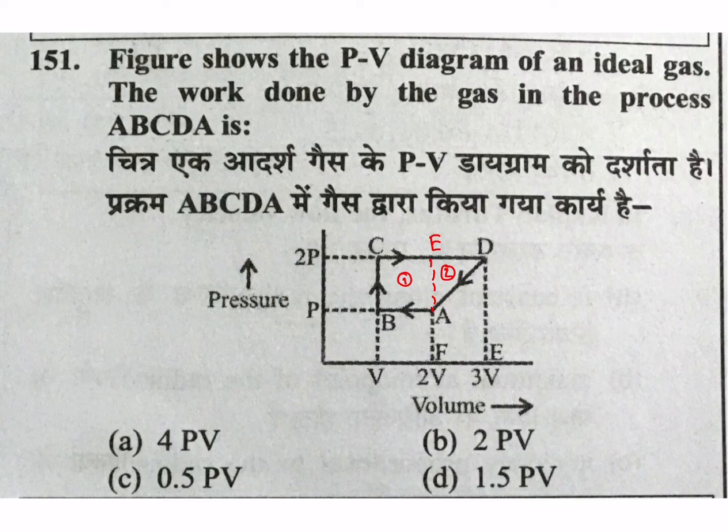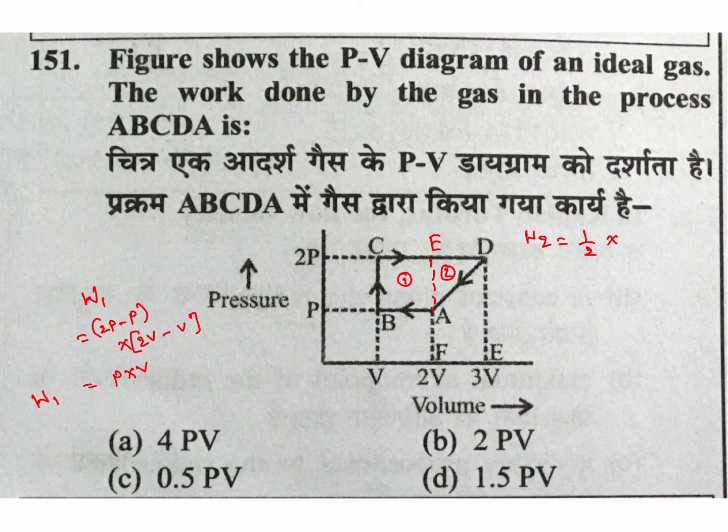So A, B, C, E work done is how much? W1, ABCE area is how much? BC is 2P minus P into AB, which is 2V minus V, so P into V. This is W1, area of 1. Then W2, how much will you get?